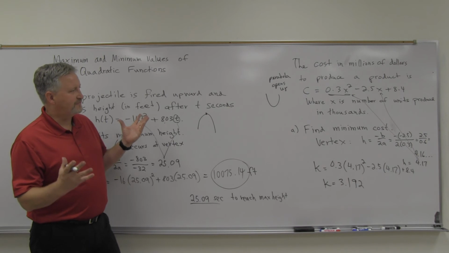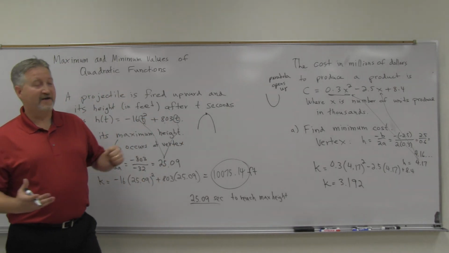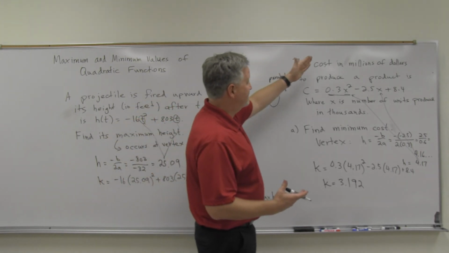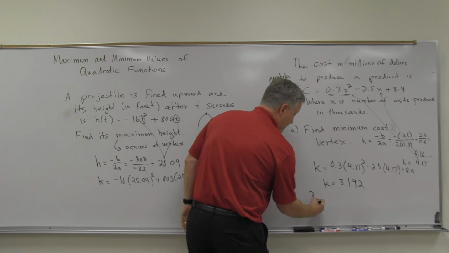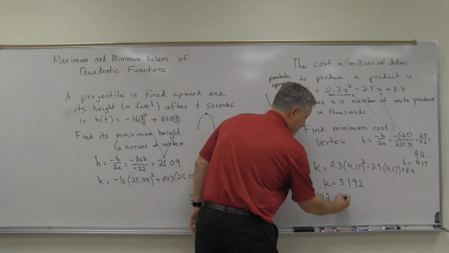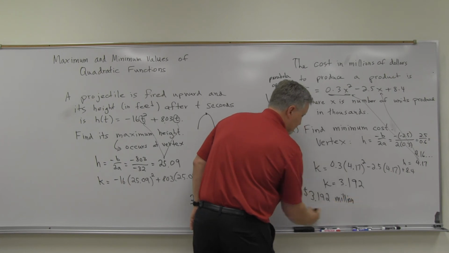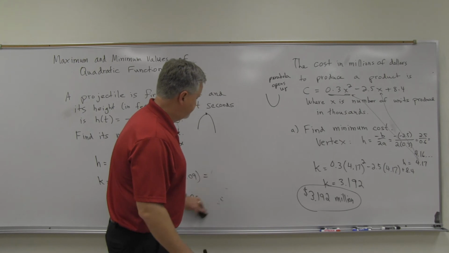All right, so the question was, find the minimal cost. It's not just 3.192, is it? Because we've got the cost in millions of dollars, so it'd be 3.192 million dollars, just to be totally accurate here.